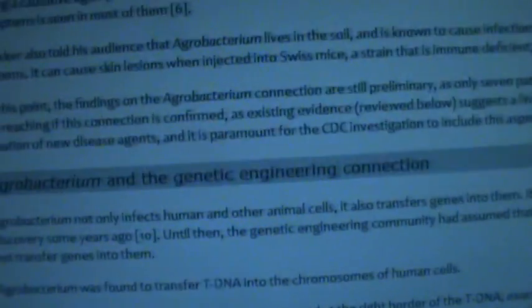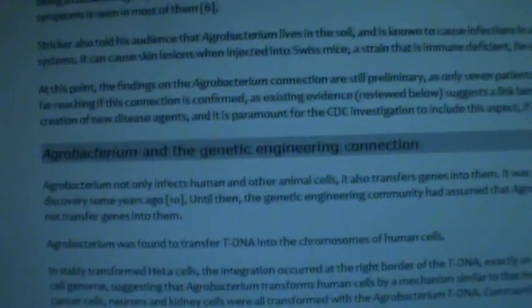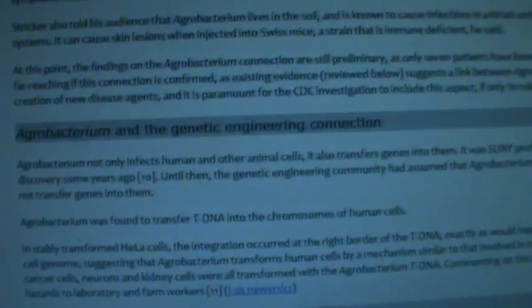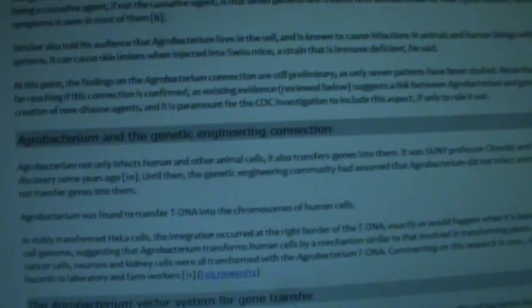Okay, I guess it was in this article, Agrobacterium and the genetic engineering connection. So this is where they're discussing how agrobacteria are used to make GM foods, if you really want to call them foods.